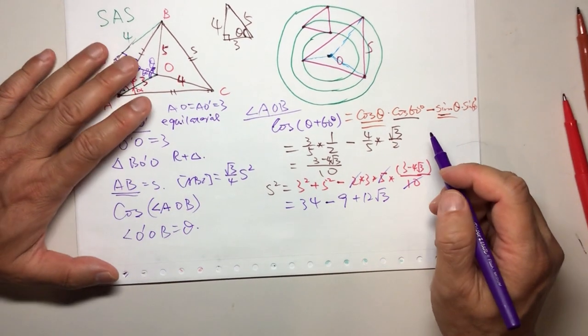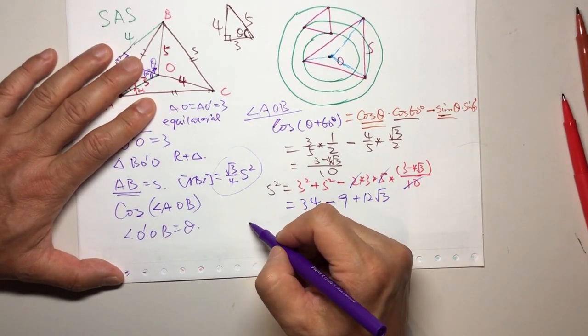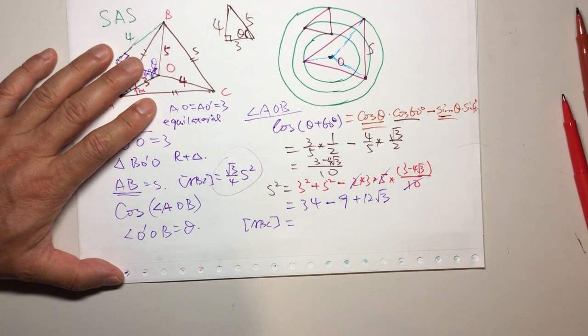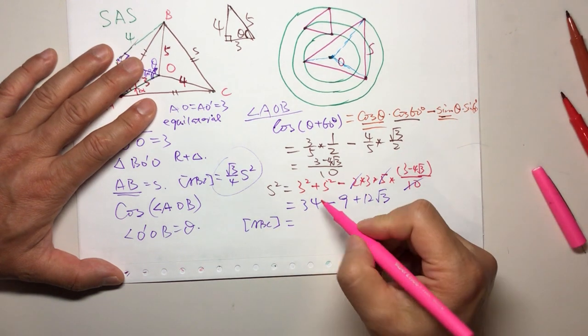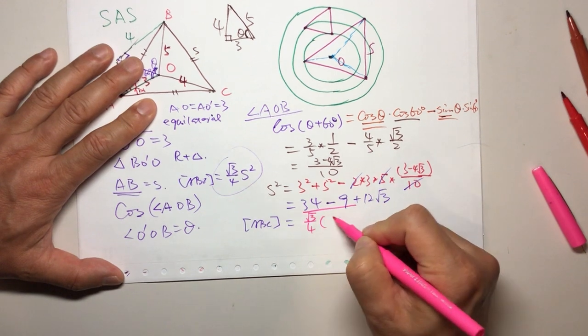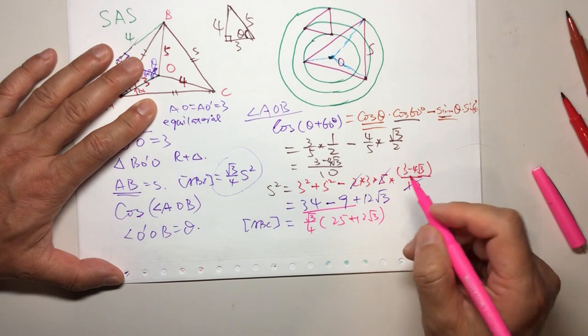Finally s squared is 25 plus 12 square root of 3. So finally we get the area.